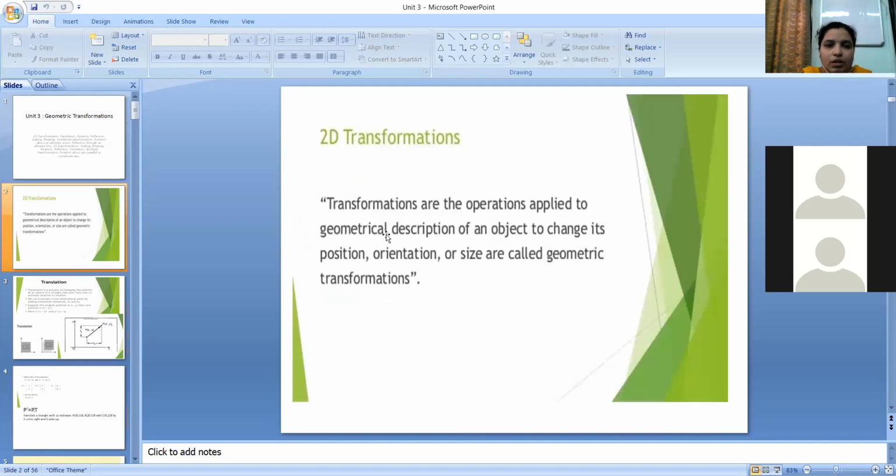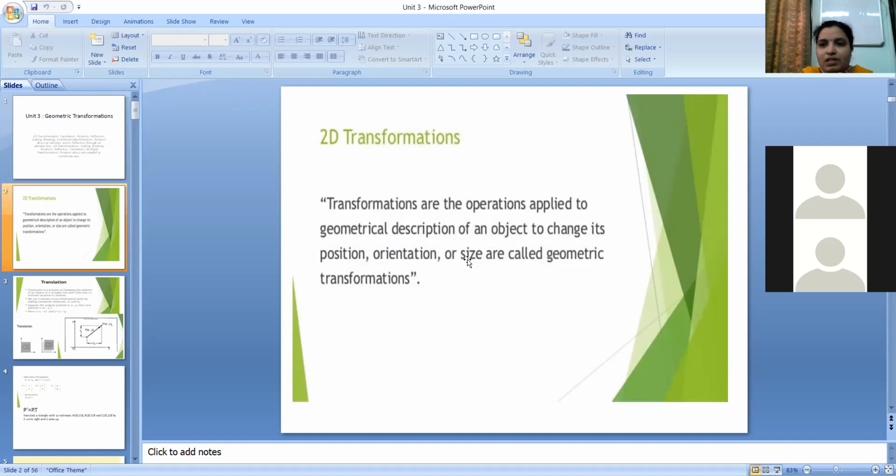Right. So let us see the definition of transformation first. Transformations are the operations applied to the geometrical description of an object to change its position, orientation, or size. What can we change? The position of the object, that is the location. The orientation, that is the angle, and the size. The actual size also we can change, that means we can expand the object or compress the object.